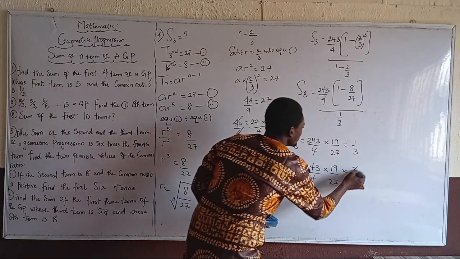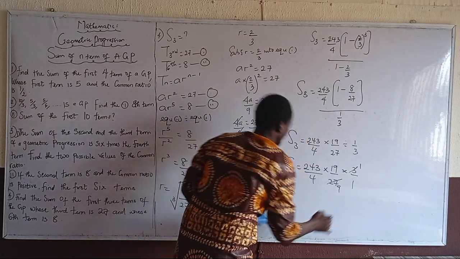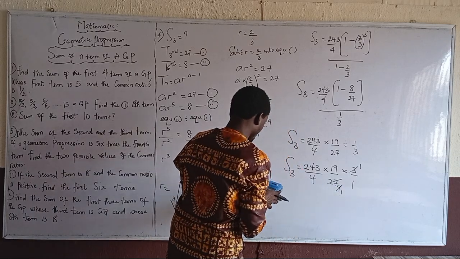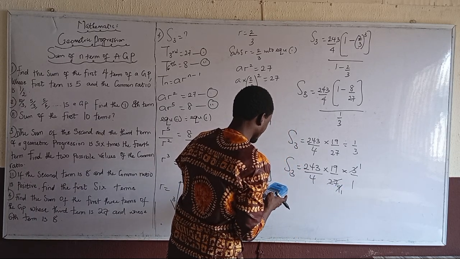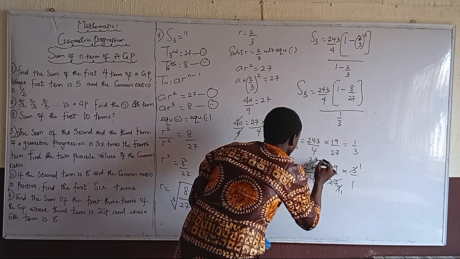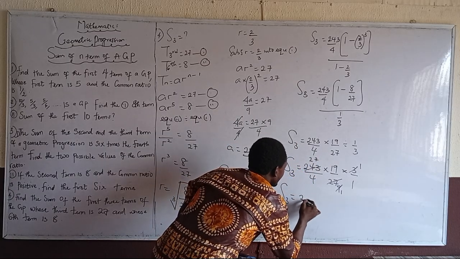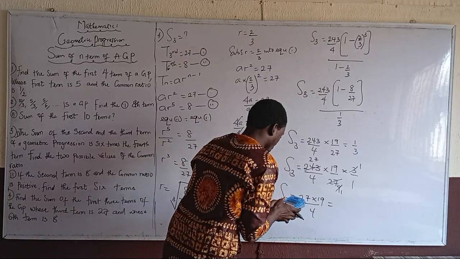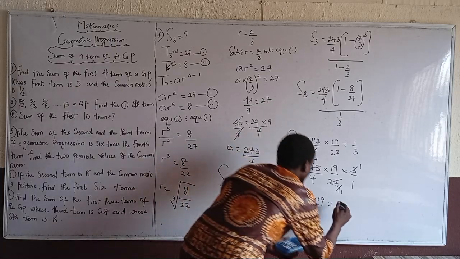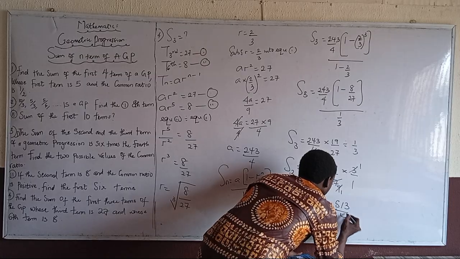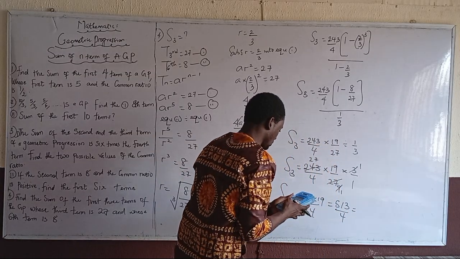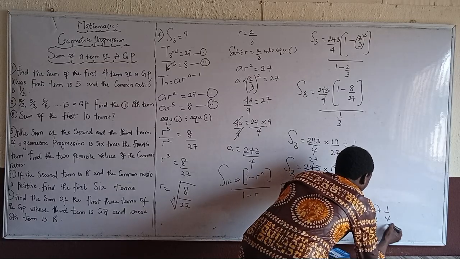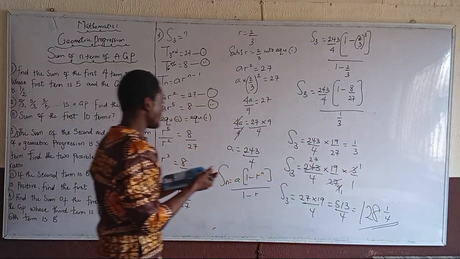From here, 3 and 27 give 9, 9 and 243 give 27. So my S3 becomes 27 times 19 divided by 4. That is 513 divided by 4. In mixed fraction, it becomes 128 and 1 over 4. So that is number 4.